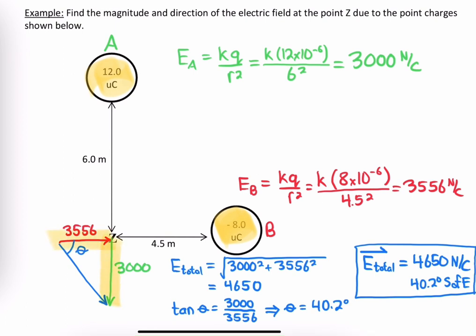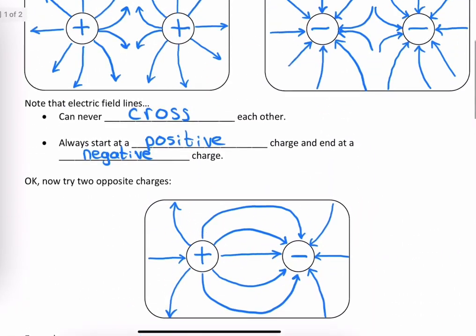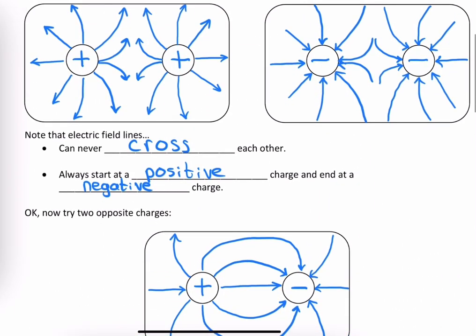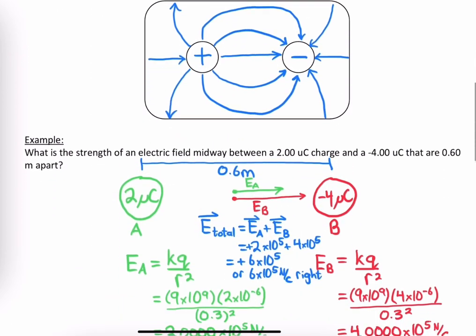And if I add those vectors together, head to tail, like I always do for adding vectors, and find the resultant, which goes from start to finish, I will find the total electric field at a given point due to both charges combined. And that's exactly what we were drawing over here on this page. All these blue arrows we drew, those were the combined electric field, the total electric field from both of the charges together.